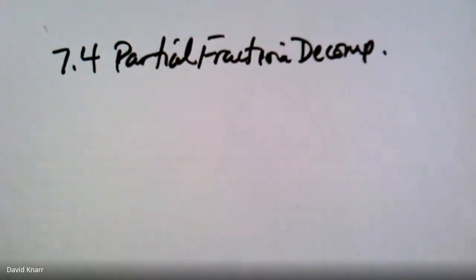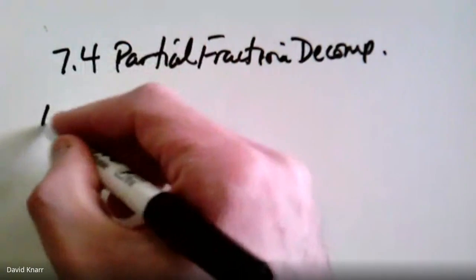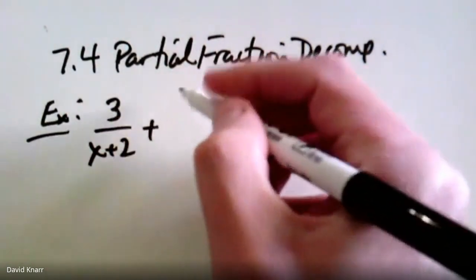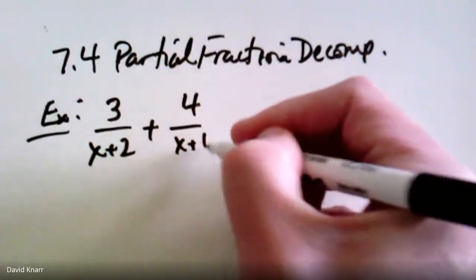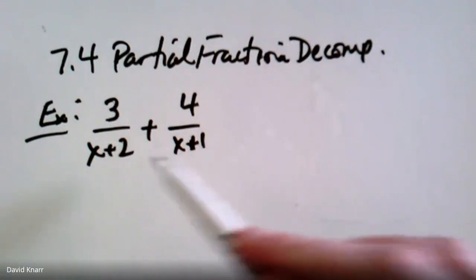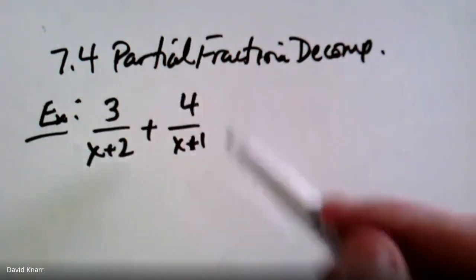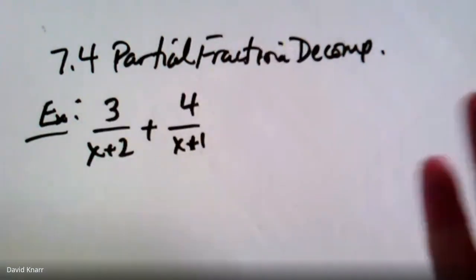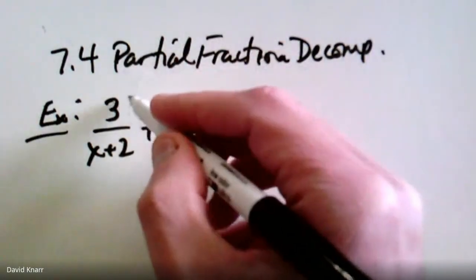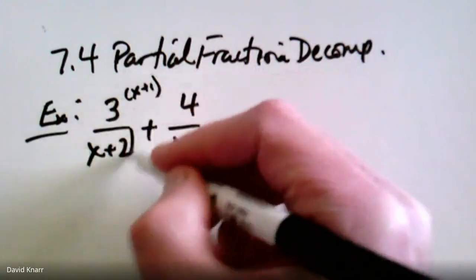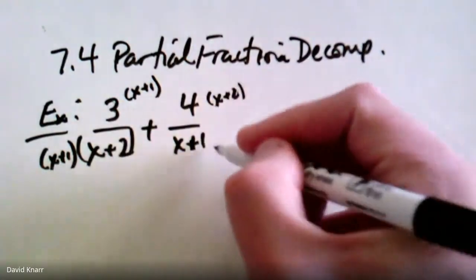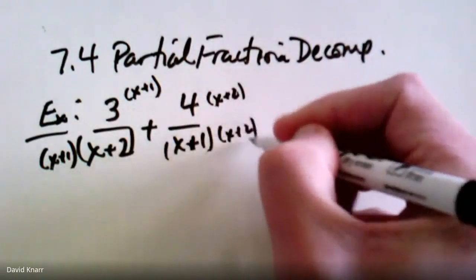So let's start with something you already know how to do. Here's an example: 3 over x plus 2 plus 4 over x plus 1. I want you to find a common denominator and add these fractions together and make one fraction. The first fraction is going to need an x plus 1 on top and bottom, and the second fraction is going to need an x plus 2 on top and bottom.